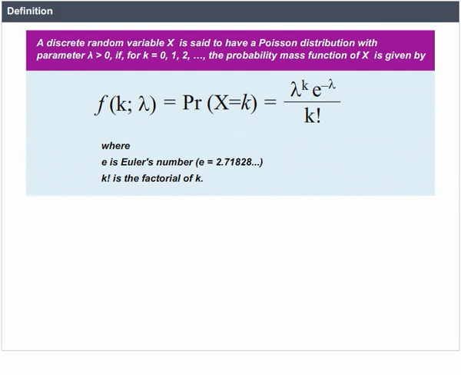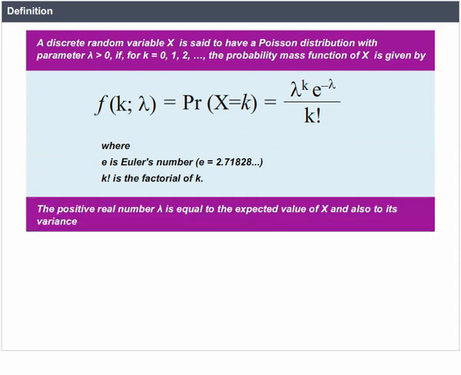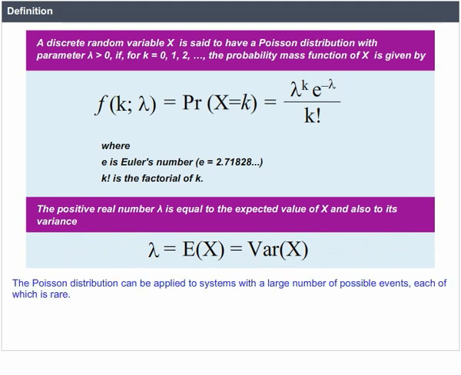The positive real number lambda is equal to the expected value of x and also to its variance. Lambda equals expectation of x equals variance. The Poisson distribution can be applied to systems with a large number of possible events, each of which is rare.